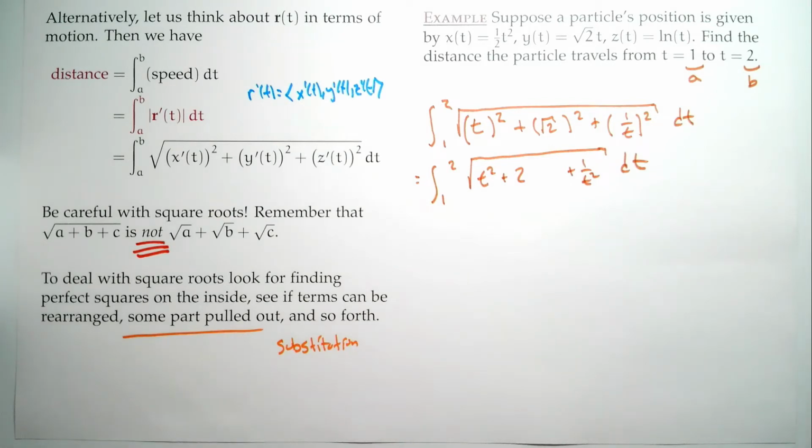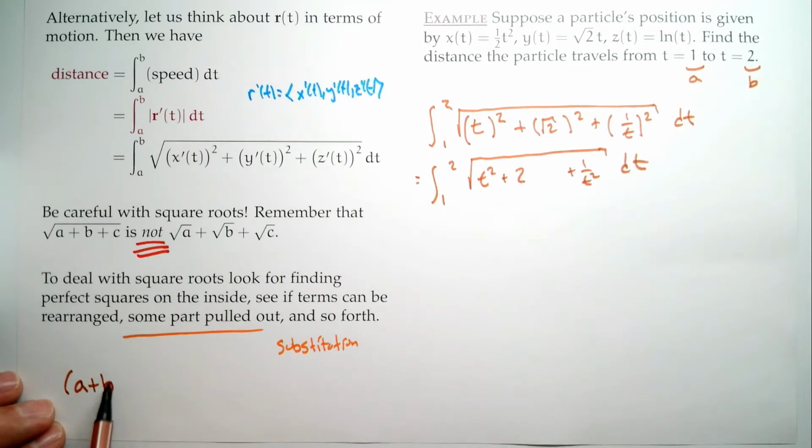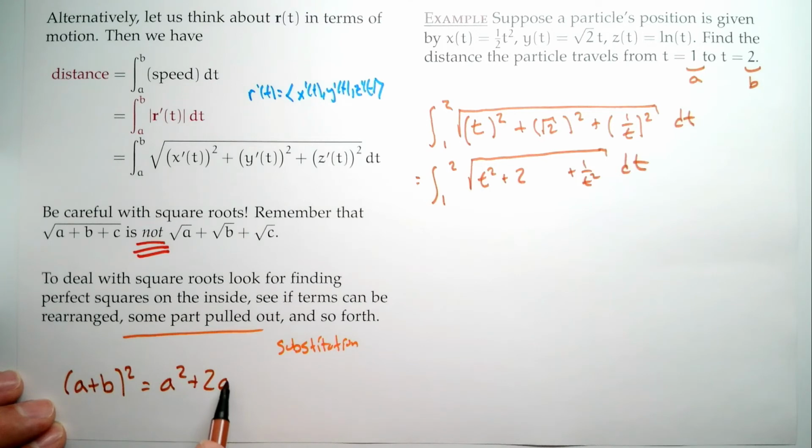Now, we think, okay, I have to work with this integral. The best tool I have is to say, it would be fantastic if what was inside that square root were a perfect square. So we think back to what perfect squares look like. A perfect square is (a plus b) squared, so I should have a squared plus 2ab plus b squared. One thing I look for is, do I have 3 terms?